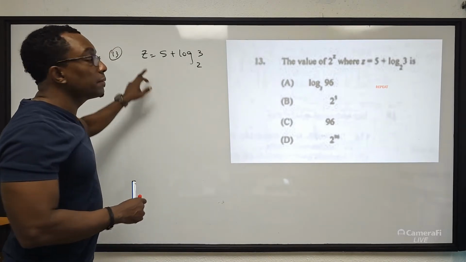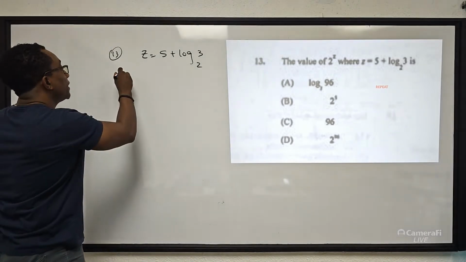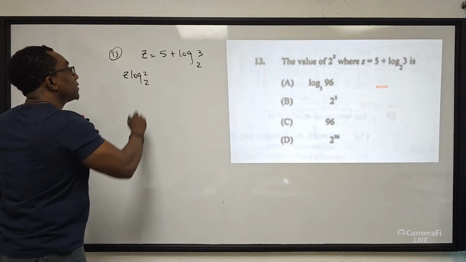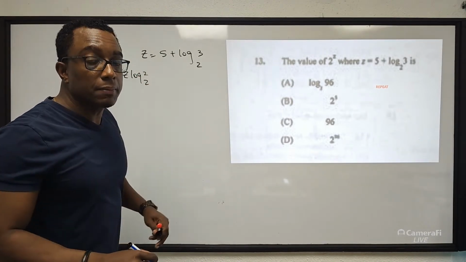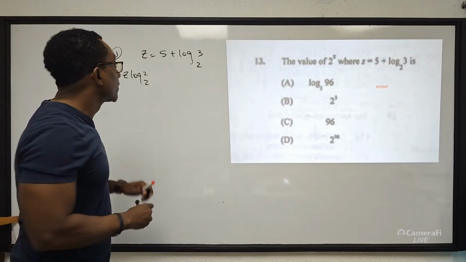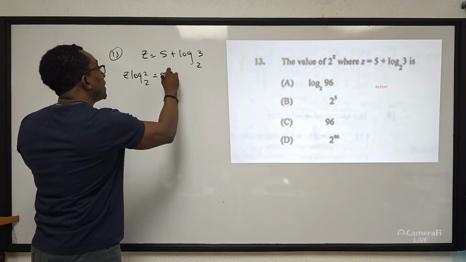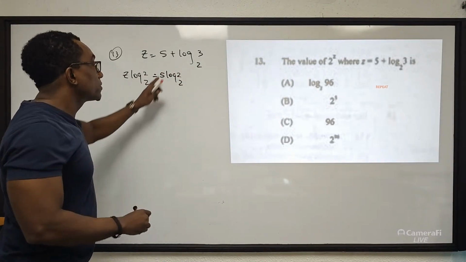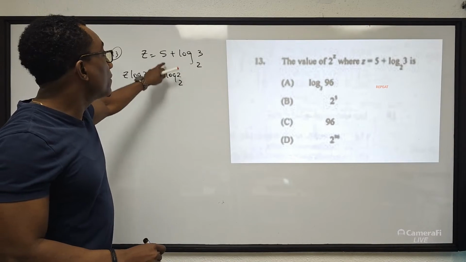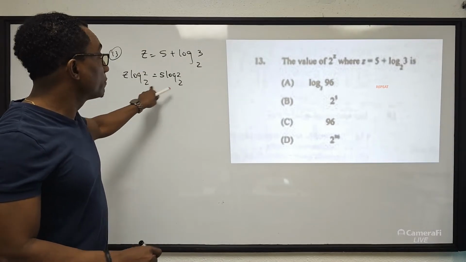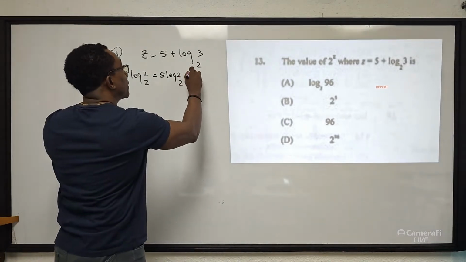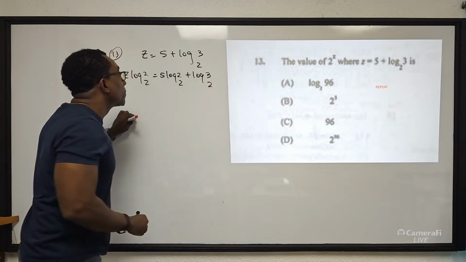So to get z to a base of 2, we're going to write it as z log 2 to base 2, because of this law: log a to base a always means 1. 5 is the same as 5 log 2 to base 2, because log 2 to base 2 is 1. 1 by 5 gives me 5, but it's now to a base of 2, plus log 3 to base 2.